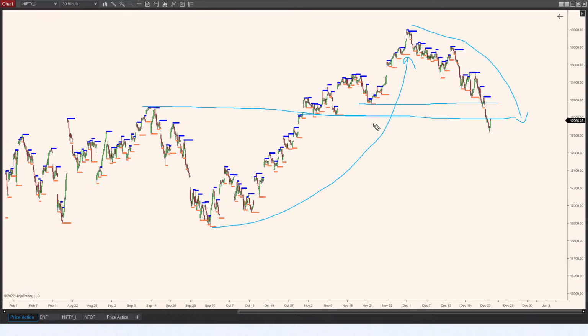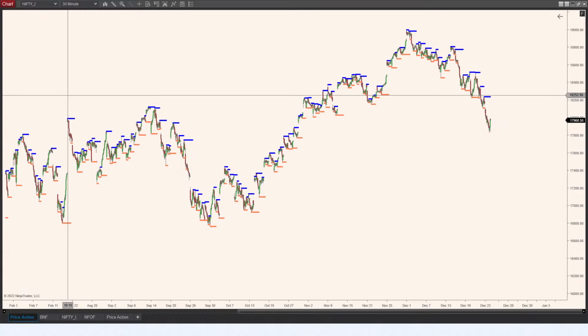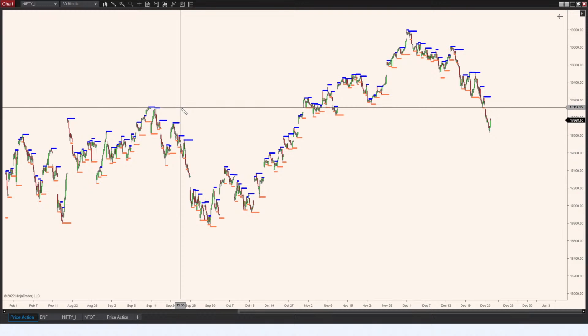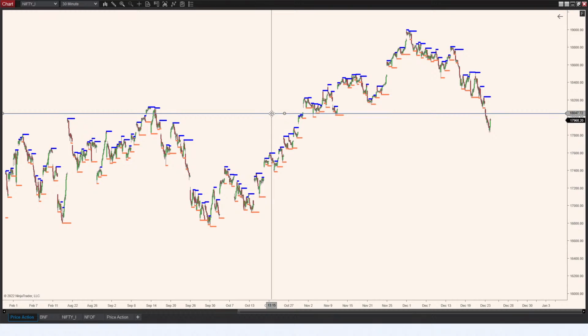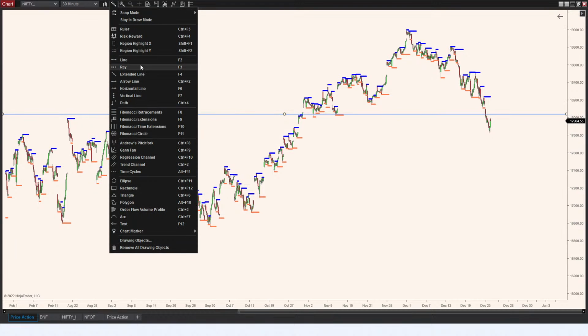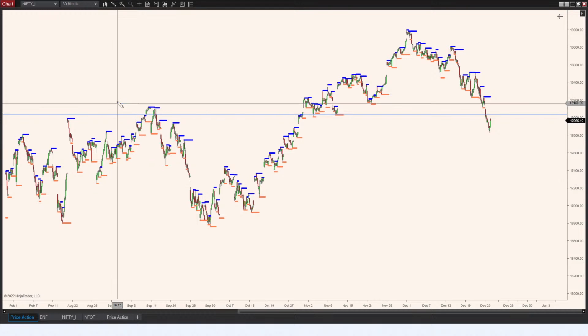This is one of the major supports, and presently the market is trading at this particular level. Why this level is very critical, let me explain. This particular level, or you can call it a zone.